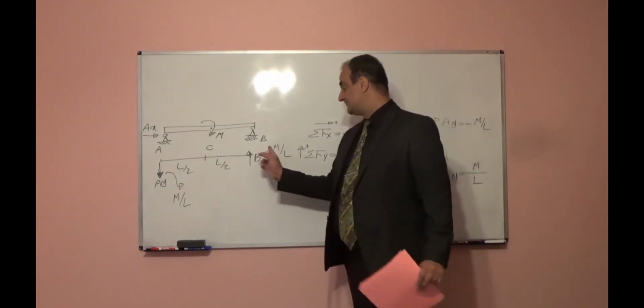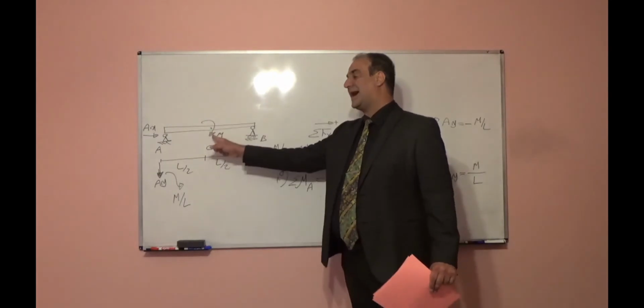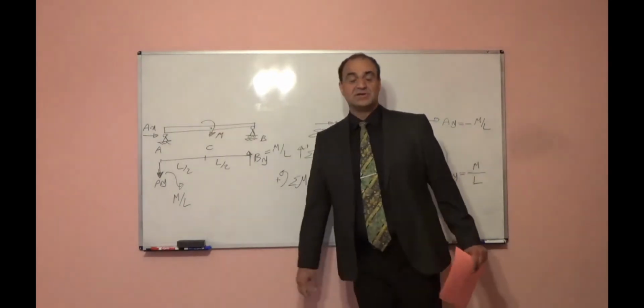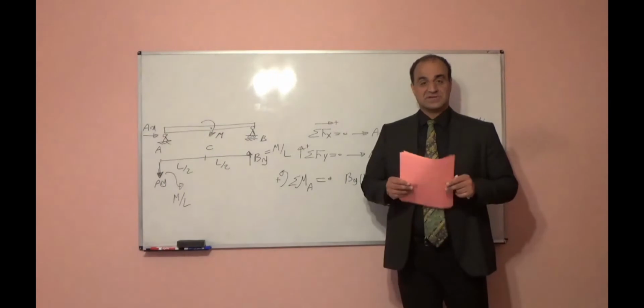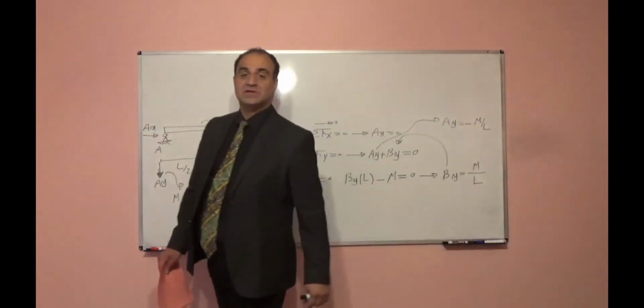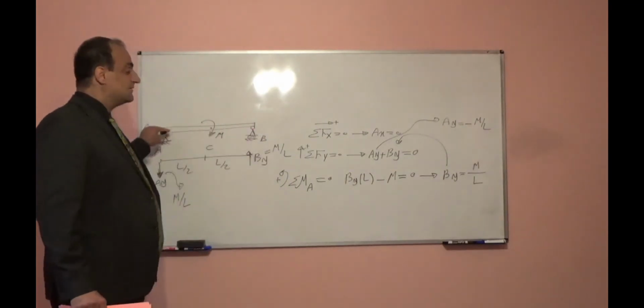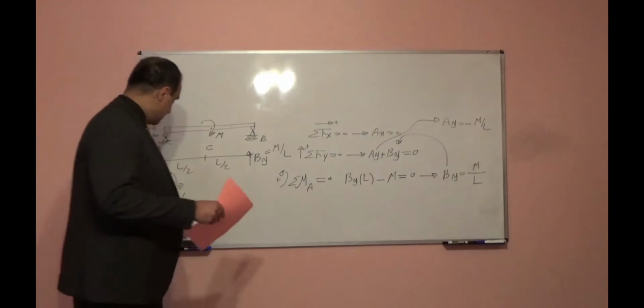So the answer will be equal to M. So for M action, there is an M reaction. The magnitude is equal, and the direction is in opposite direction. So it will cancel out the action, and this beam will remain in equilibrium.